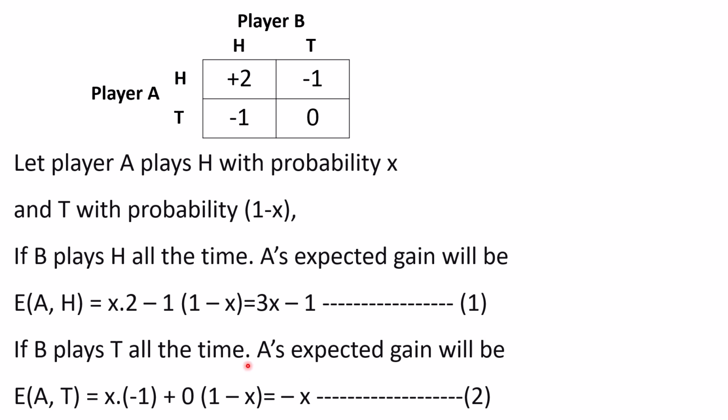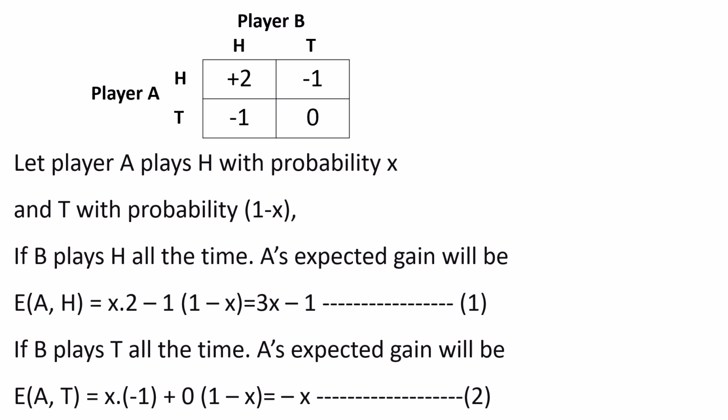And if B plays T all the time, tail only, the expected gain of A with the tail, E of A T, will be minus X into minus 1 into X plus 0 into 1 minus X. So it will be minus X, the expected gain for player A, and that is, let us say, equation 2.